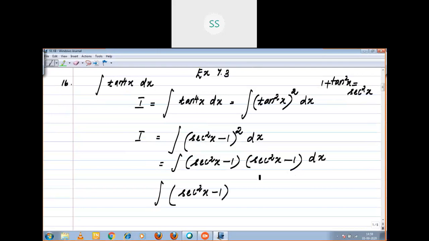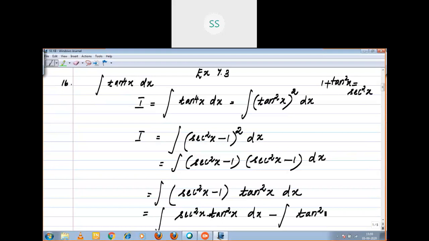This one again I'm going to write in terms of tan square x dx. Now I'm going to multiply. Then how should the integral be? Integral secant square x into tan square x dx minus integral tan square x into dx.